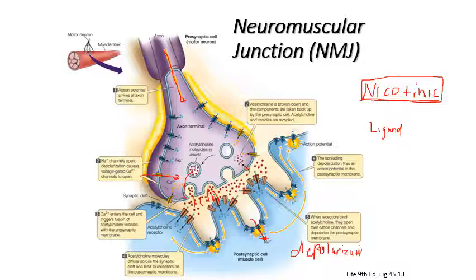So in nicotinic, we can change the membrane potential by binding of the neurotransmitter to the receptor. We get a rush of sodium in. And then what else is here? We have the acetylcholinesterase, which breaks down acetylcholine, and then the choline is brought back and recycled. So that's the release at the neuromuscular junction, but again, nicotinic.